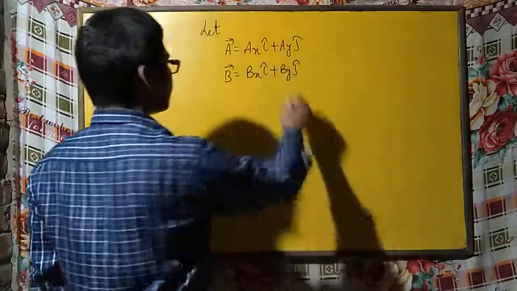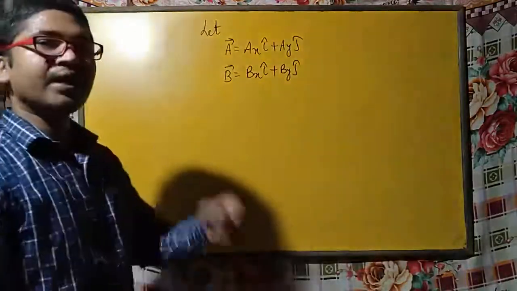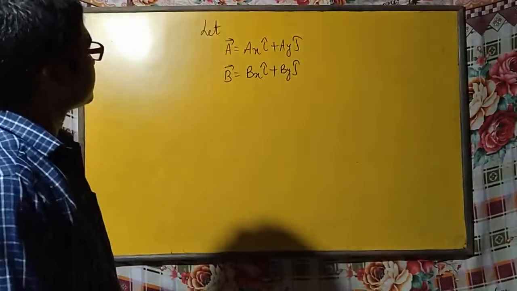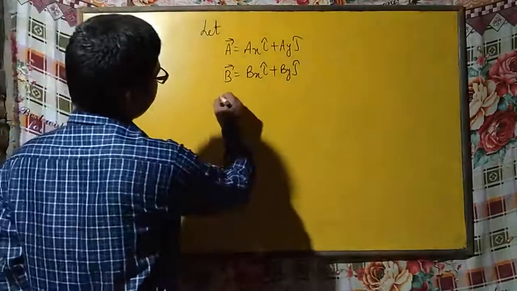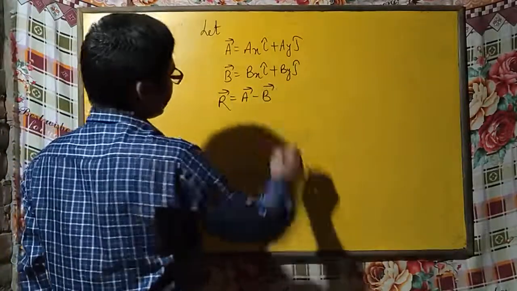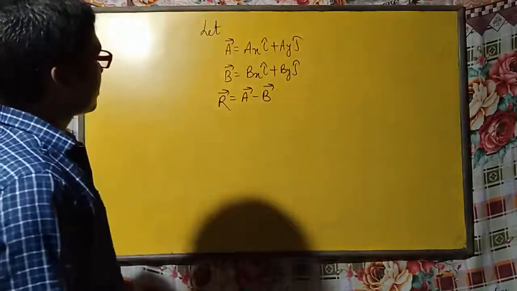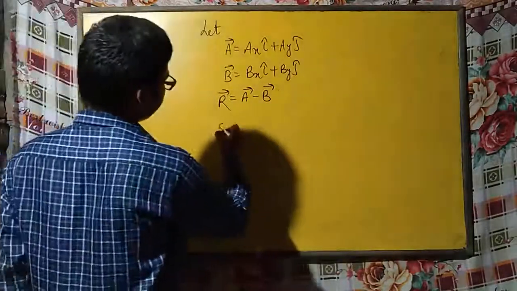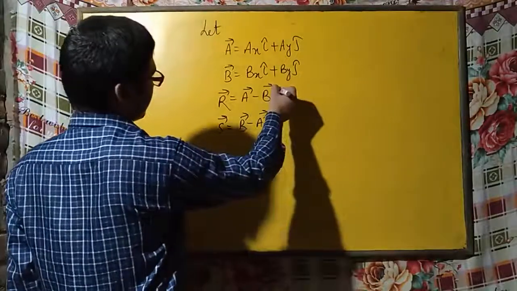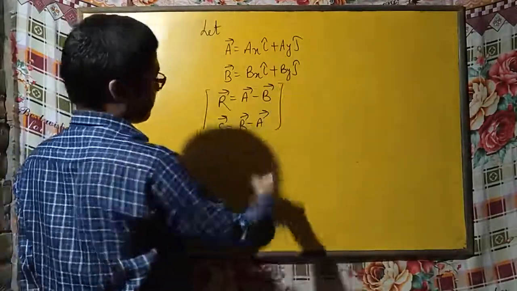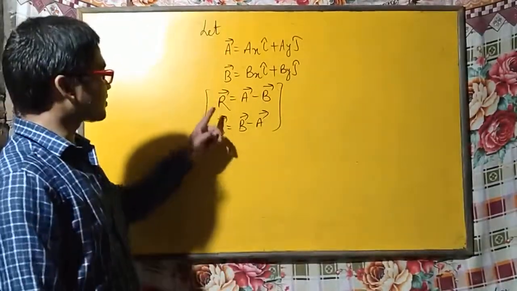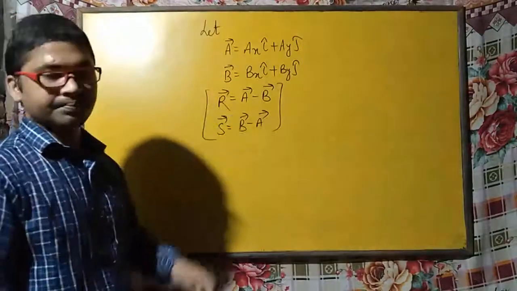These are the two vectors we have to subtract. So we want to find R is equal to A minus B. Also you can find S is equal to B minus A. You have these two possibilities of subtraction. Let us first discuss R is equal to A minus B.